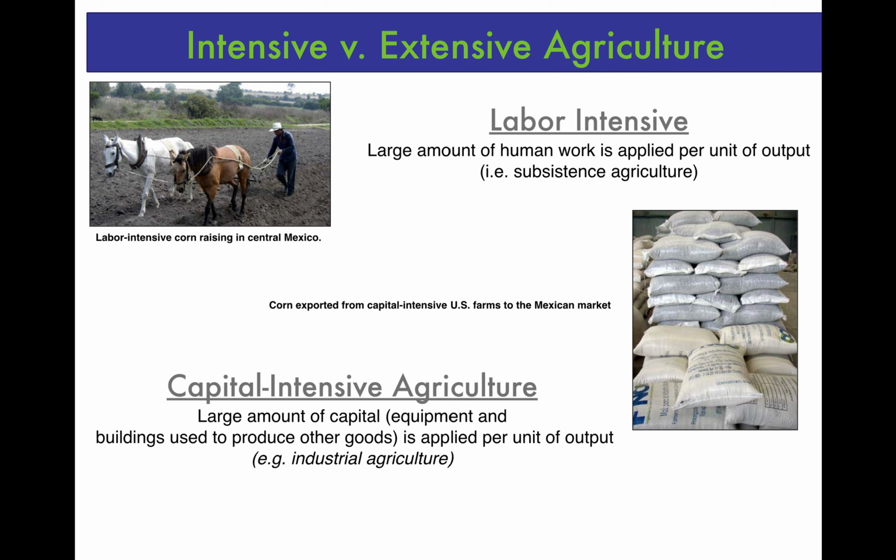This is the idea again that there's a lot of money and capital and resources invested in the production of that particular crop. The example in the picture here is corn exported from a capital-intensive U.S. farm to the Mexican market. So again, large-scale use of biotechnology, pesticides, fertilizers, all kinds of money and capital invested into the production of that good.